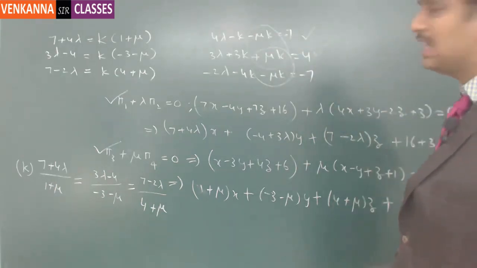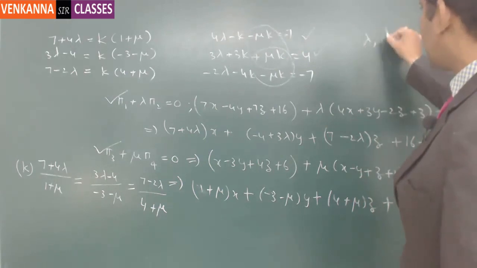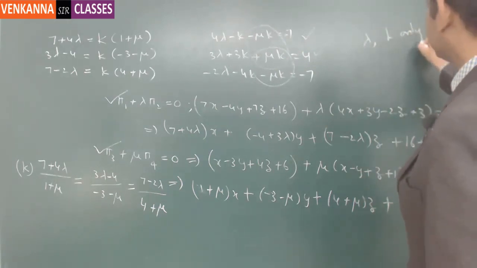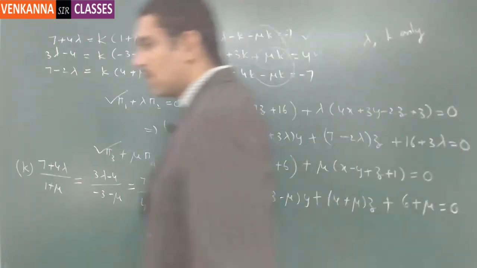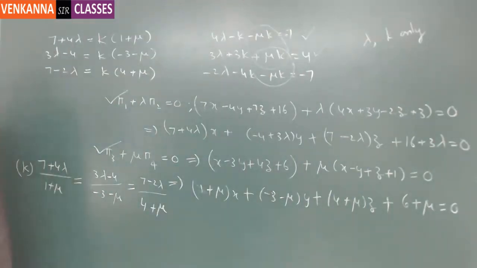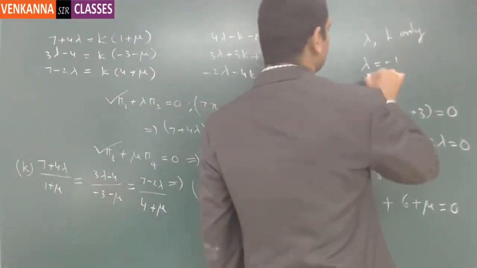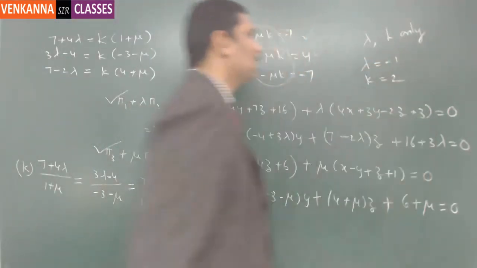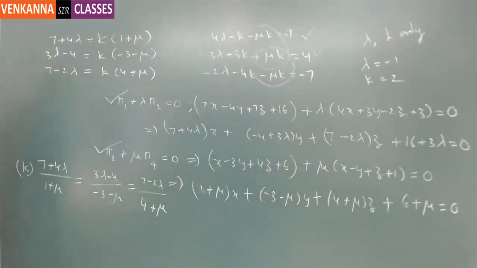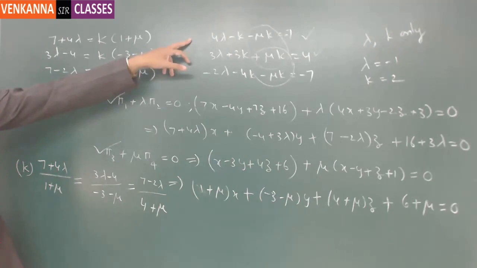So you will get an equation in λ and k only. Solving that, you will get λ = −1 and k = 2. Once you know k, immediately substituting the values in any one of the equations, you will get μ = 1/2.